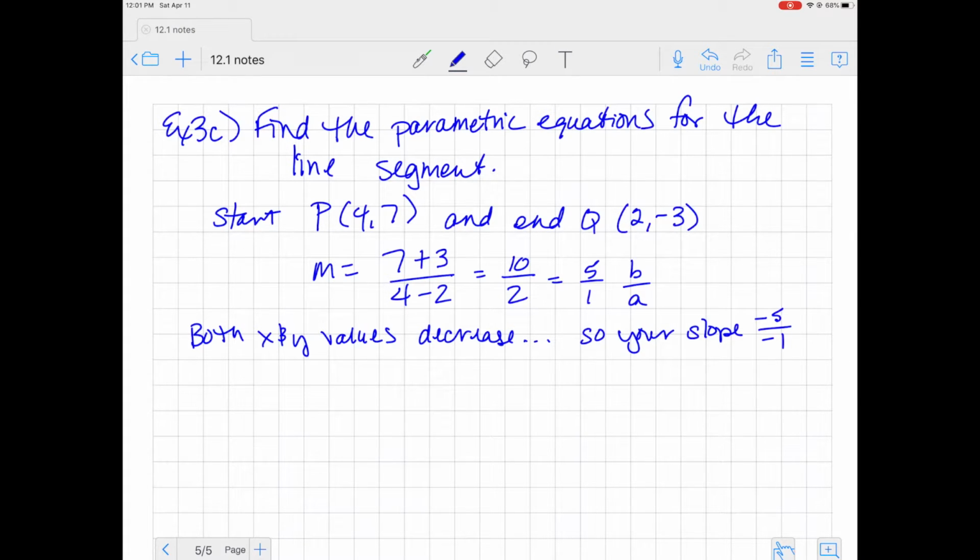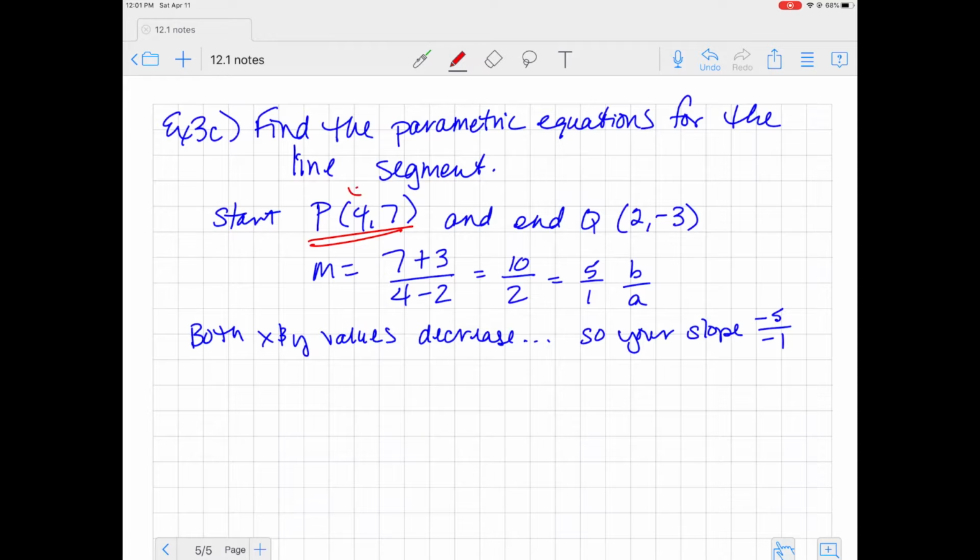So I have the point. Typically you start over here with this one, but honestly it's a parametric equation. We just learned in the last one you can have multiple representations of that parametric equation. But whenever you do this, you typically go where you start, so go with the one that you start with.